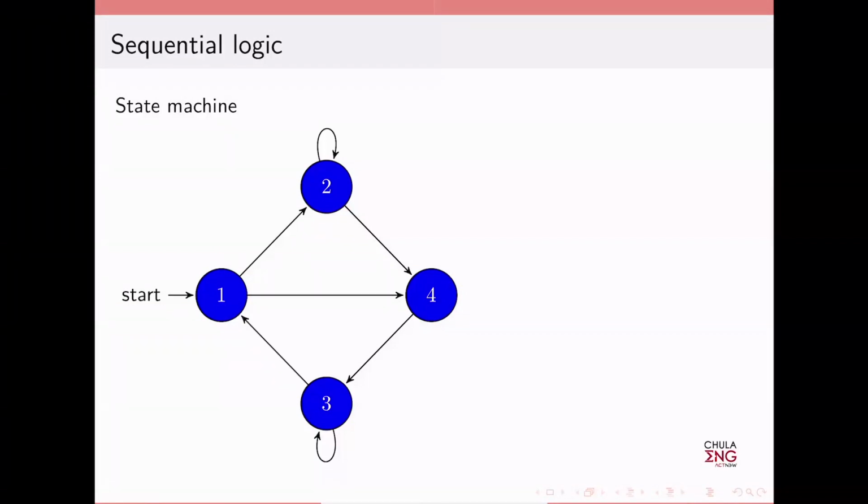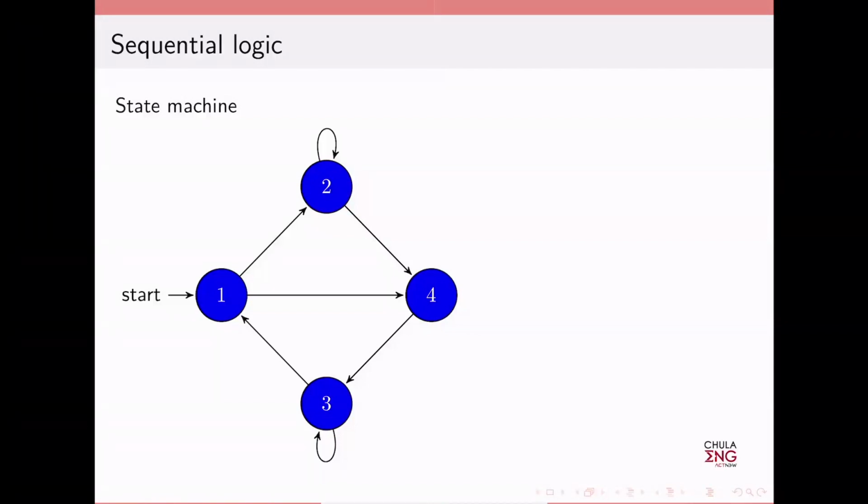The arrow is just saying that if the input comes in, the state changes, right? So if you start at state 1, you have some input coming in and then it changes to state 2, or some input makes you go to state 4, right?